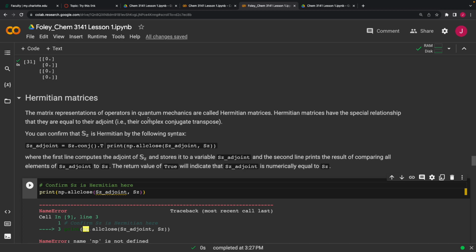The complex conjugate: each of these elements, I am going to take the complex conjugate of each. So A star, C star, B star, D star.